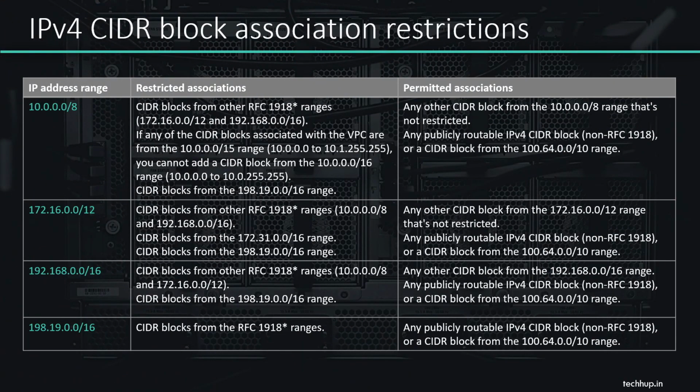Around the use of IPv4, there are certain restrictions on what IP addressing blocks can be used, and that is enlisted in this table. We remember that there are certain IP addresses which are reserved by AWS, and it is always good practice to refer to these guidelines when it comes to allocating the CIDR blocks for your VPCs or your subnets.